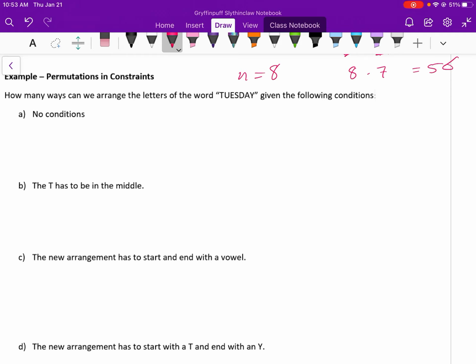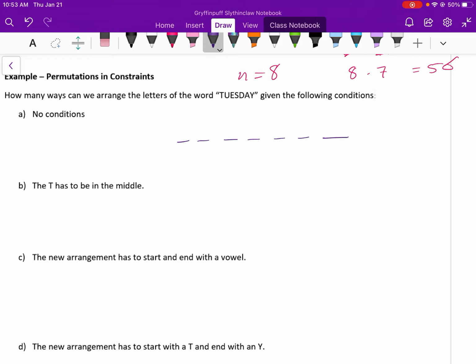Permutations. Now, we're going to introduce the notion of constraints. Often, with constraints, you have to deal with the constraint first. So, how many ways can we arrange the letters of the word Tuesday given the following conditions? No conditions.